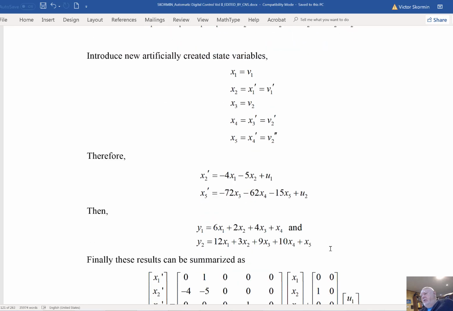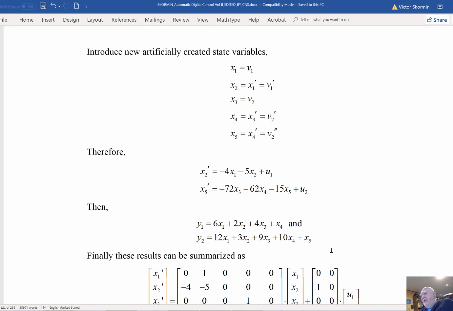And at this point, I can claim that y1 is equal to this expression, and y2 is equal to this expression.